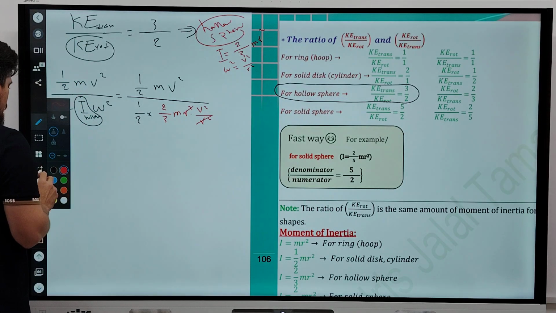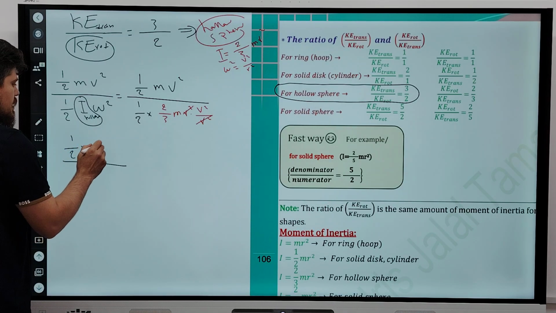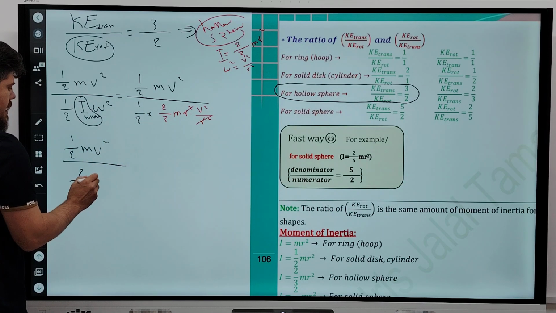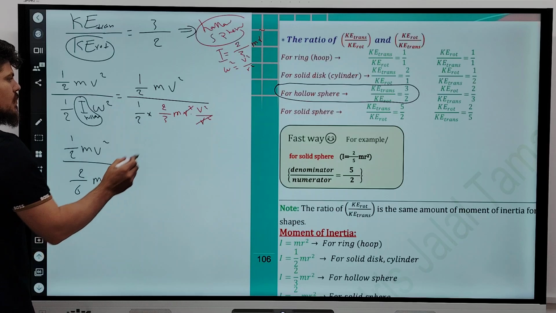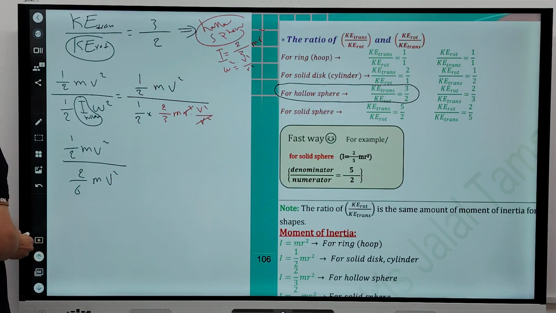R with r cancel. What remains? 1/2 in the numerator, so in the denominator 1 times 2 is equal to 2/6 mv squared. Why? Because r with r cancel. What remains? Only m and v squared.